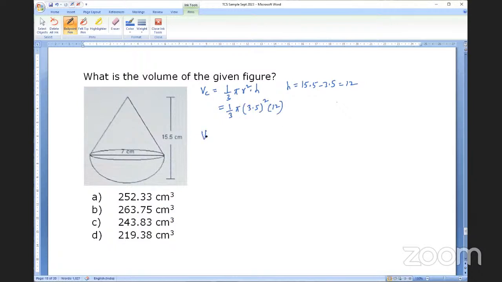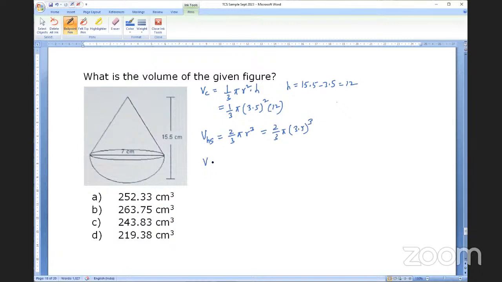Now, the volume of the hemisphere, which is the base one, is 2/3 of pi into r cube. And the radius of this hemisphere is 3.5. So that would be 2/3 pi into 3.5 whole cube.